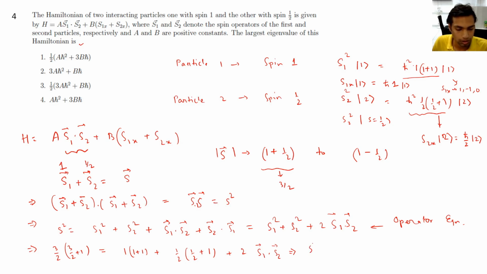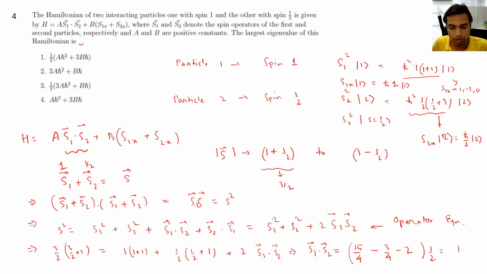So S1 dot S2 is equal to 15 by 4 minus 3 by 4 minus 2 into 1 by 2. So 15 minus 3 is 12, 12 by 4 is 3, 3 minus 2 is 1.